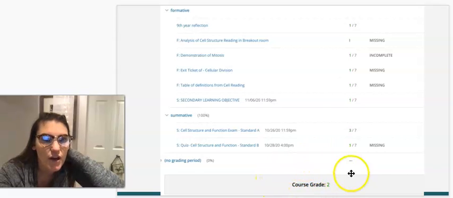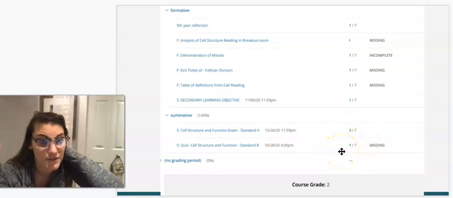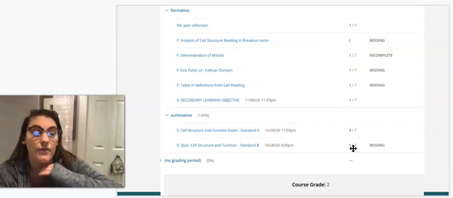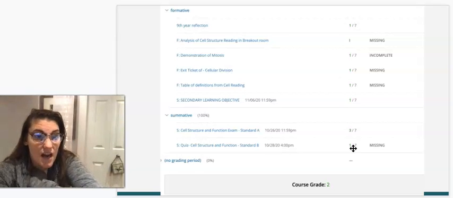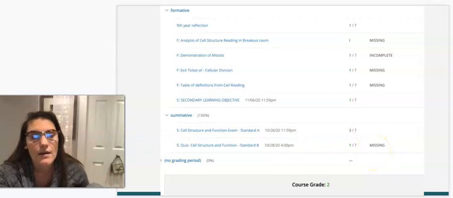And what that tells us is that she has some developing knowledge of the cell structure and function, but we can't really thoroughly assess what she knows because she did not turn in that final demonstration of learning. So we're putting a 1 so that it tells you, the caregiver, that something's wrong, it's not on track, and then we're also telling you it's missing.